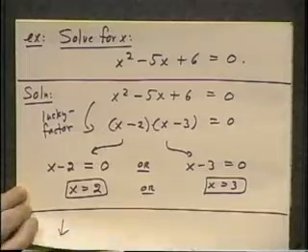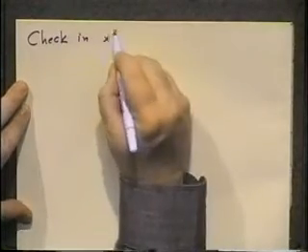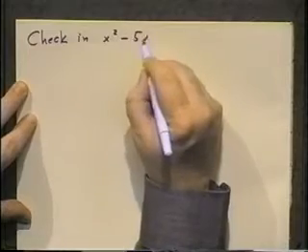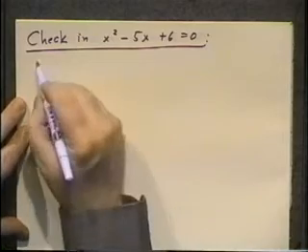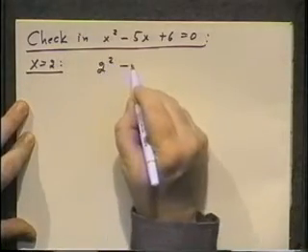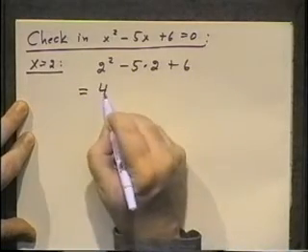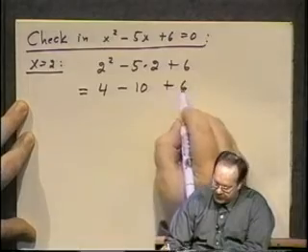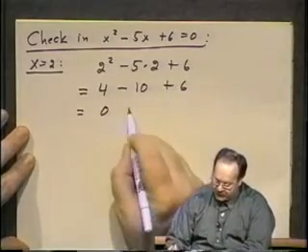We are, however, going to check, as I've said before; this is going to be more important as we go on. So we're going to check in the original equation, x squared minus 5x plus 6 equals 0. We'll check x equals 2. Let's see. 2 squared minus 5 times 2 plus 6 equals 4 minus 10 plus 6. Well, 4 plus 6 is 10, minus 10, of course, is 0, so that works.